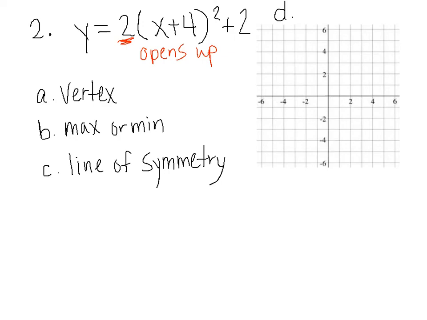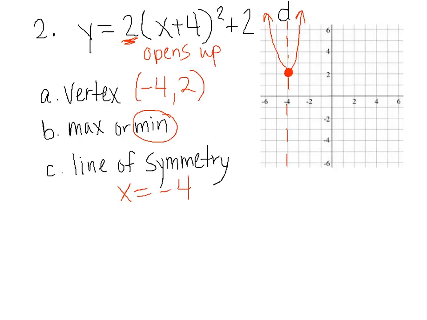You should have also gotten that the vertex was -4, 2. I hope you also, because it is opening up, wrote down that that was the min. And the line of symmetry is going to go through the vertex, so you should have gotten x equals -4.